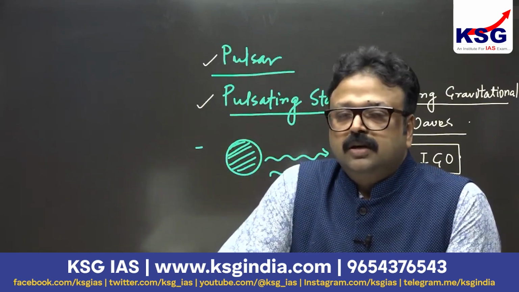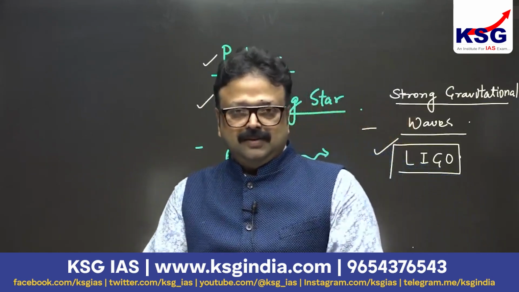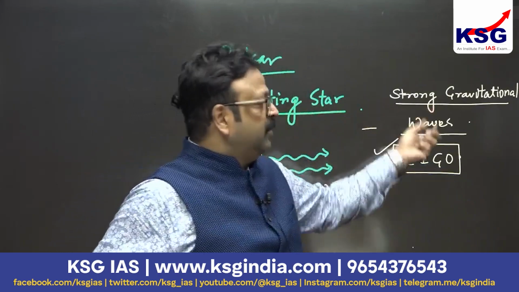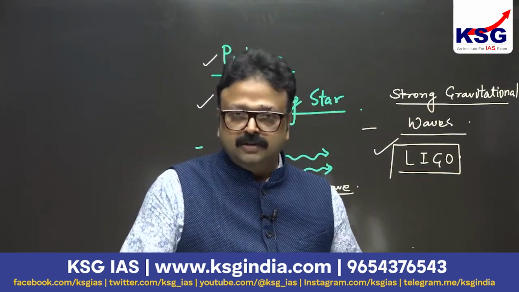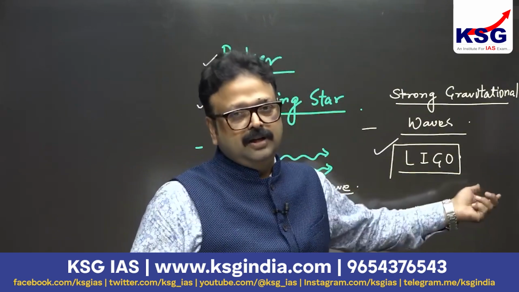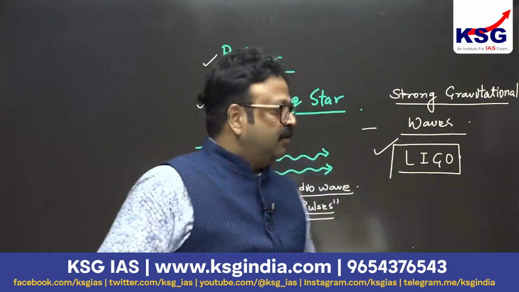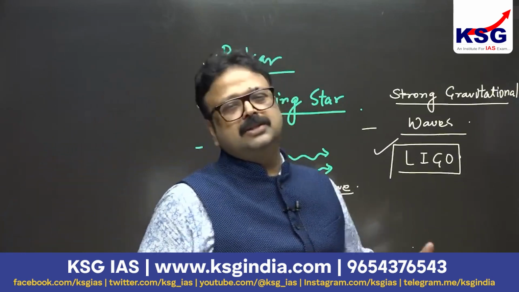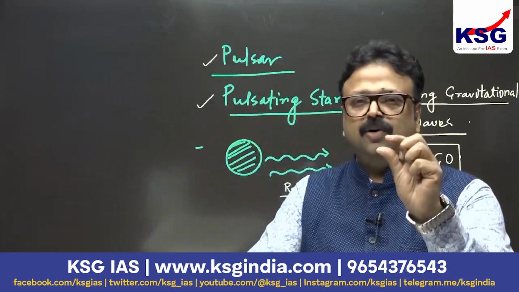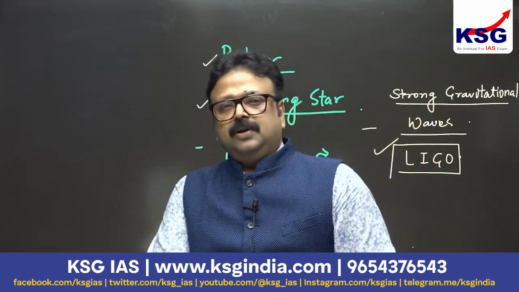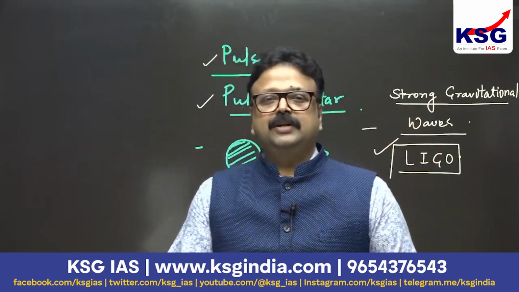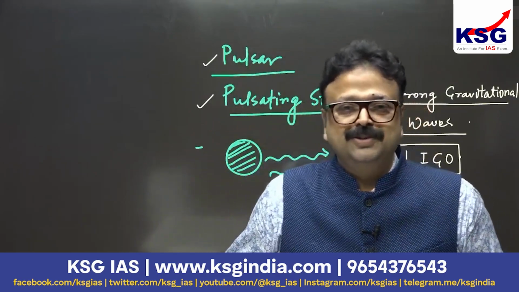How near these gravities are can only be assessed on the basis of the intensity of this gravitational wave received by the LIGO observatories. So this is all about the neutron star, and this neutron star is going to have massive high density in a very tiny volume because they are all made up of neutrons. I hope I made my point clear to you. Thank you very much.